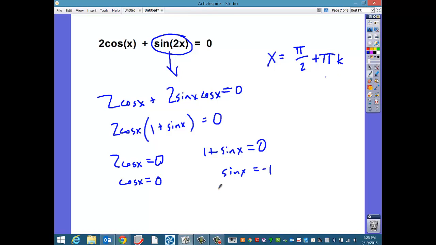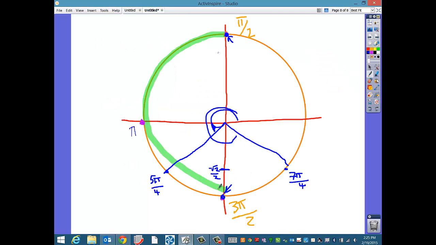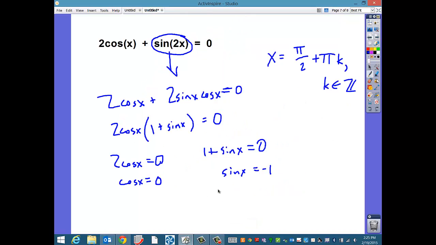And in this case, I can very conveniently avoid 2 pi and just write 1 pi, because if I add multiples of pi, it's going to walk me between these two. This plus pi is this, and this plus pi takes me back here, etc. So we finally have the last solution set.